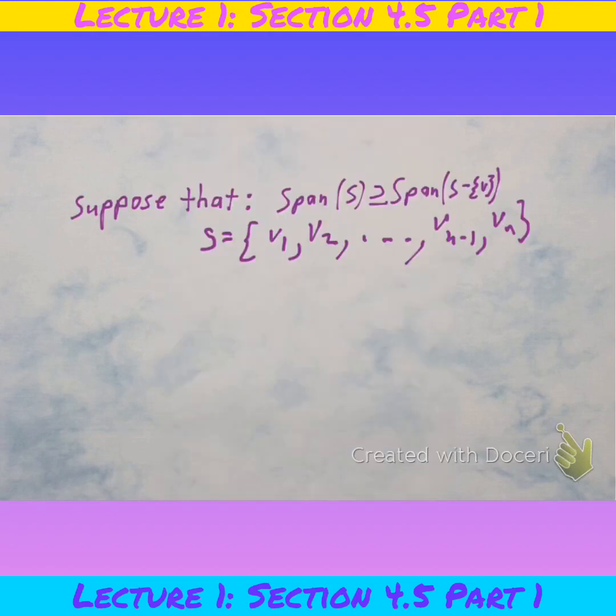So let us assume that the span of S is not equal to the span of S minus V. Span of S is all linear combinations of vectors in S, and the span of S minus V is all linear combinations of vectors in S minus V. So basically let's suppose there's a vector in the span of S, but it's not in the span of S minus V. And remember that S is that set of vectors V1, V2, up until Vn.